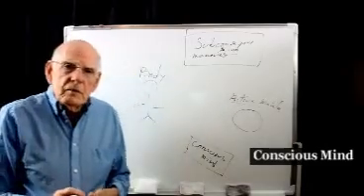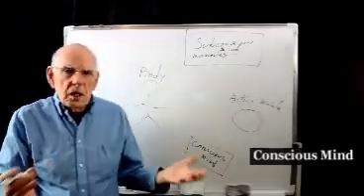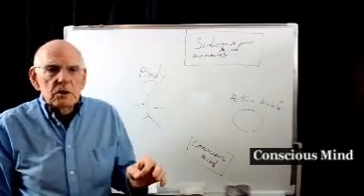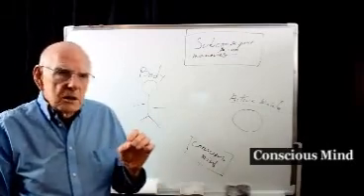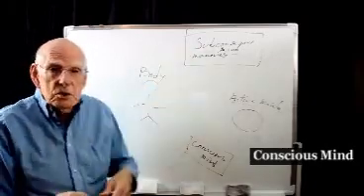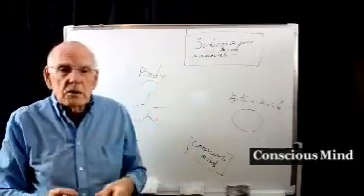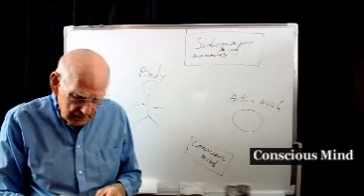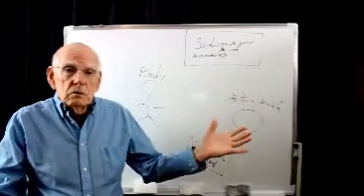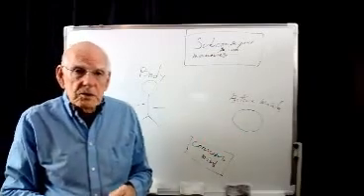Now, the one thing I'm not going to put in here, because there's a lot of controversy about it, is how the memory is signaled to come out of the subconscious. What's the triggering mechanism that causes that to happen? Well, there's all kinds, and we don't know which one works the best.